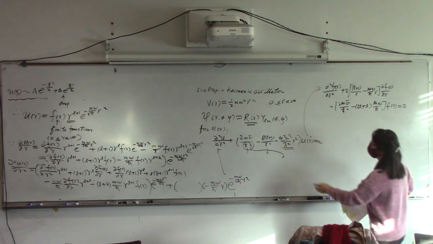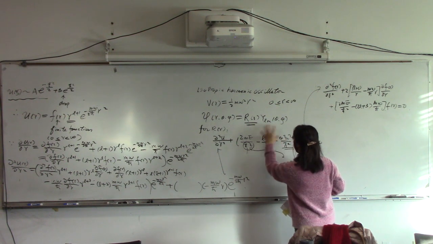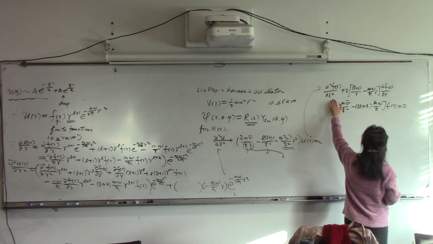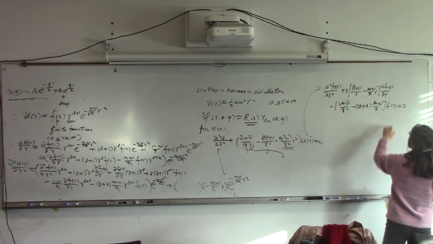So now this has only a second order partial derivative, plus a first order term, plus this zeroth order term for F.